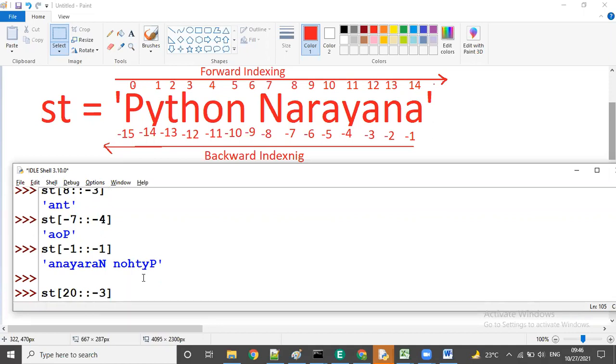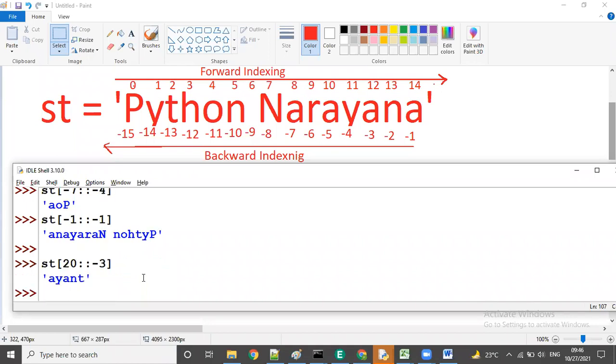What is the output, guys? What's the output here?